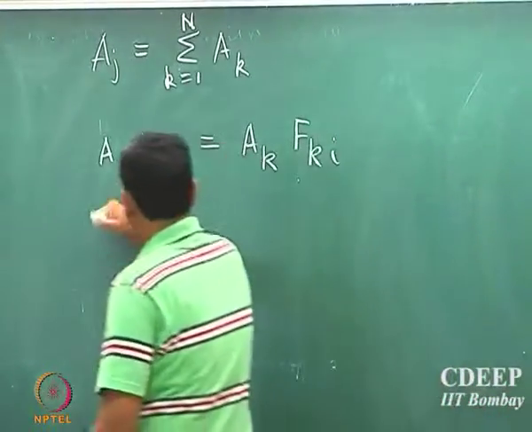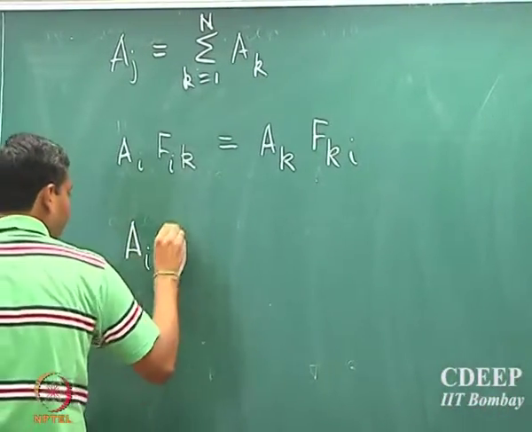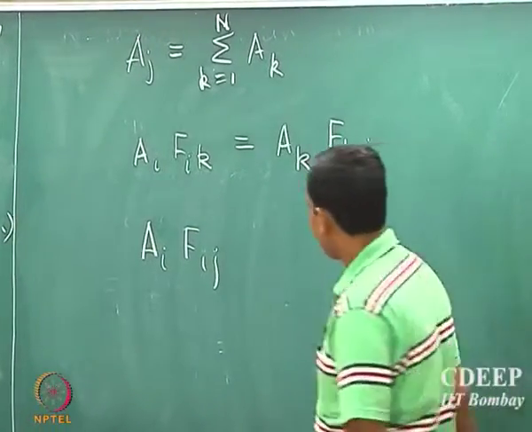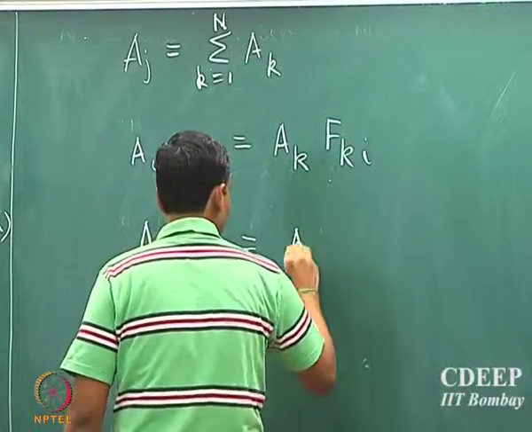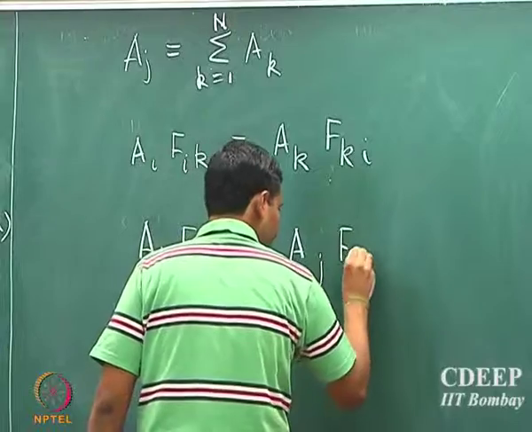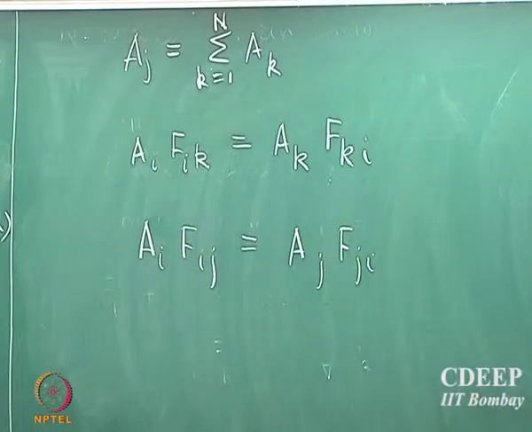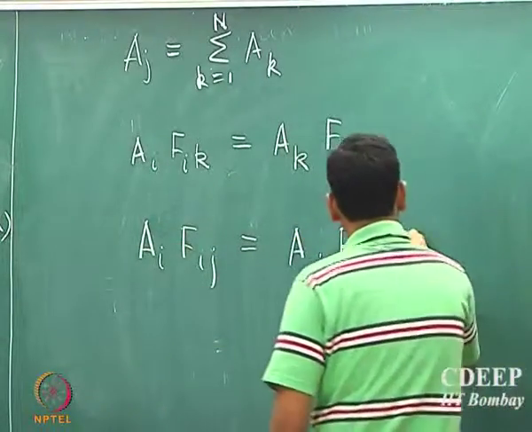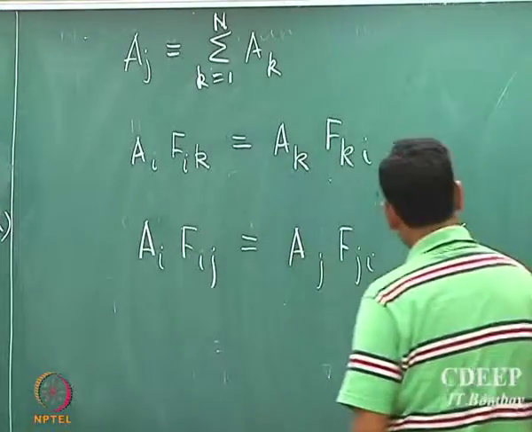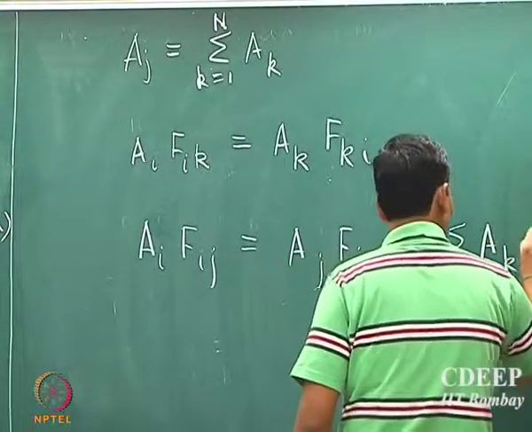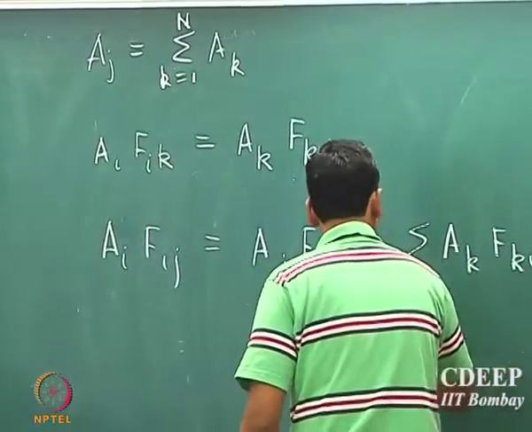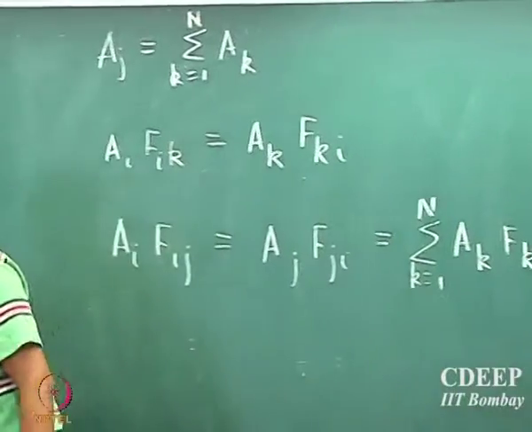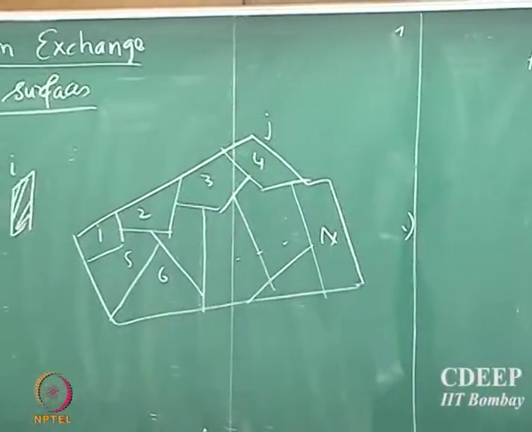So now I want to find Ai Fij. That's nothing but Aj Fji, some reciprocity relationship for the overall surface. So that should be equal to the sum of Ak Fki, k going from 1 to n. So it's just a sum over all the divided surfaces, right.